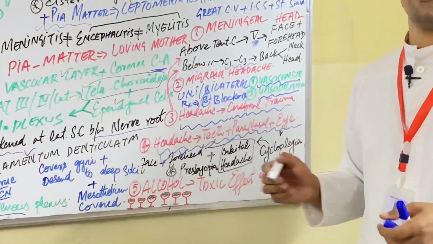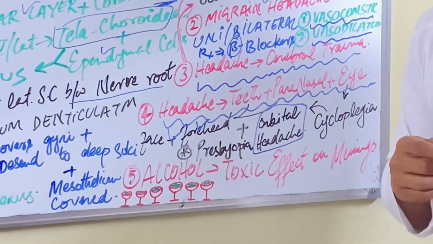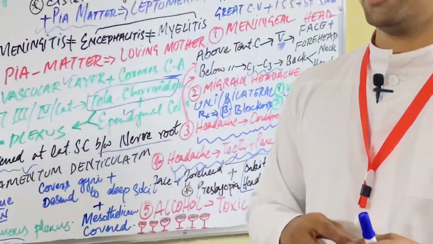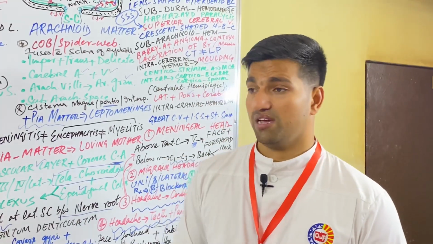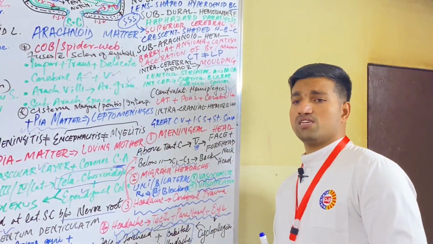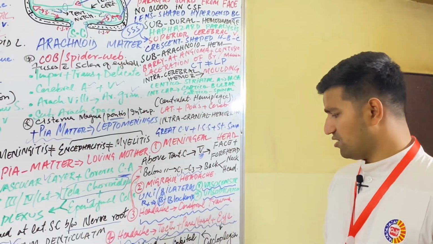We know that at the age of 45 to 60 years, the normal tendency, called senile presbyopia, is that near vision becomes disturbed, and if someone is not using lenses for that, they may have orbital headache.